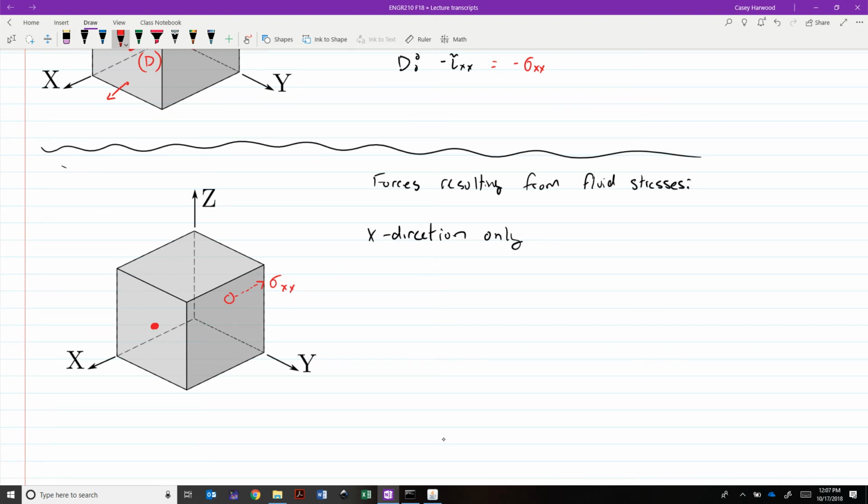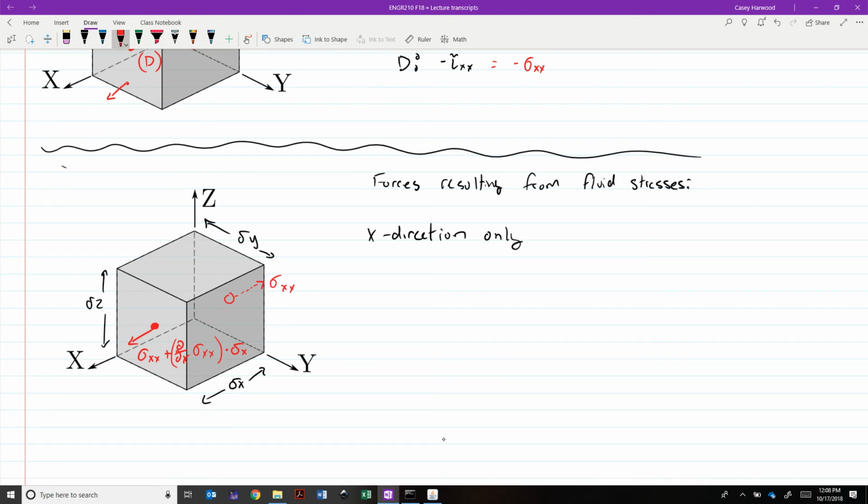On the opposing face here, we would have sigma xx plus, and here's our first order Taylor series expansion that we all love to hate, partial of sigma xx with respect to x times delta x. Okay, we're saying that this guy is delta x in this direction, delta z tall, and delta y in this direction.